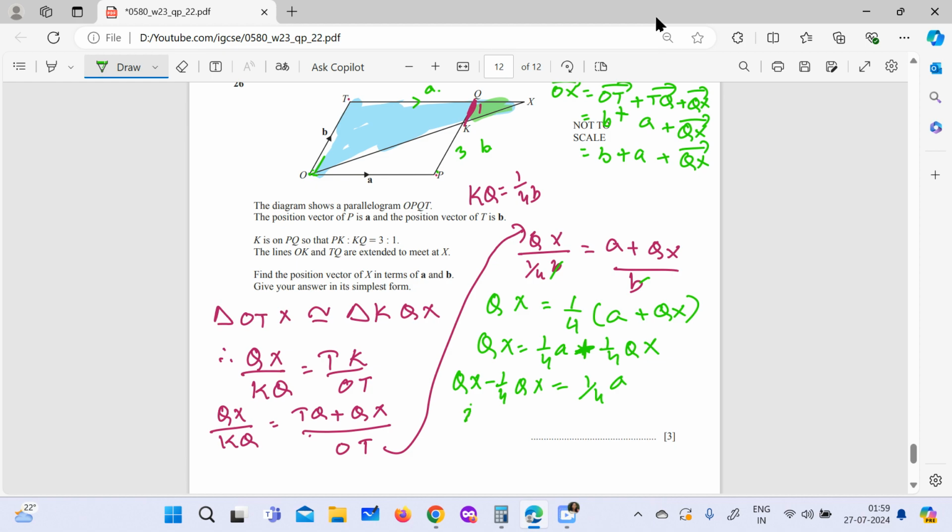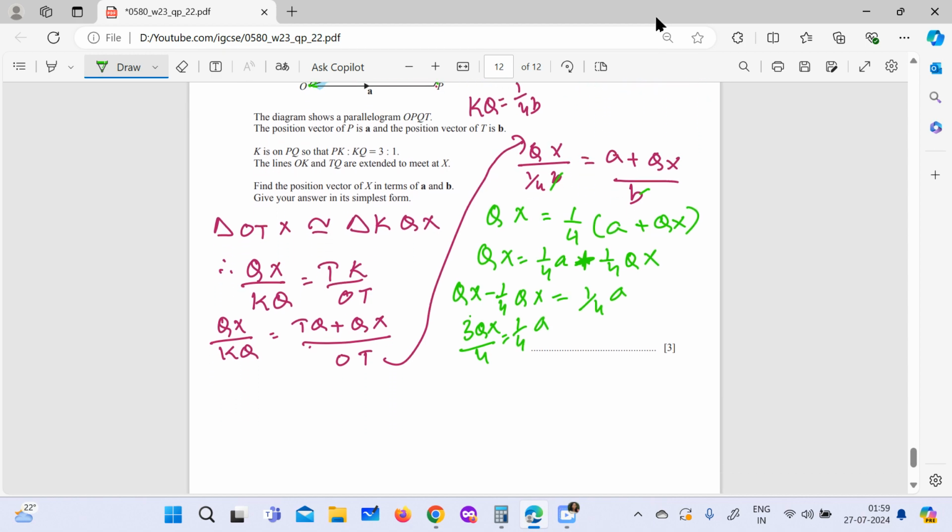So you get 3QX upon 4 equals 1 over 4A, and then QX equals 4 over 3 times 1 over 4A, which equals A over 3.